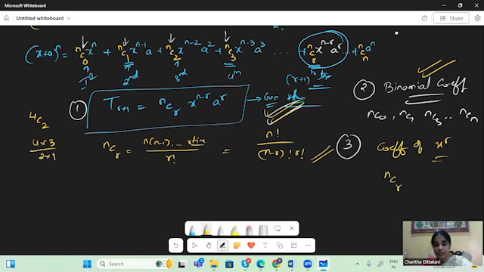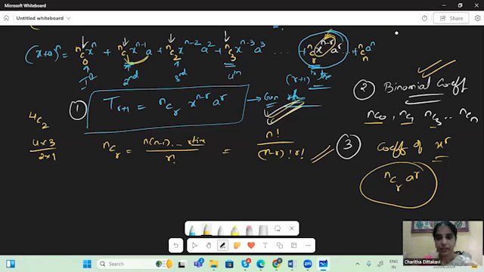It is your NCR a to the power r completely, other than x to the power n minus r. That's it. So the binomial coefficient is just NC0, NC1, NCN, whereas the coefficient of x to the power something means everything else will be coming along with the constant that you have there. Is that clear?